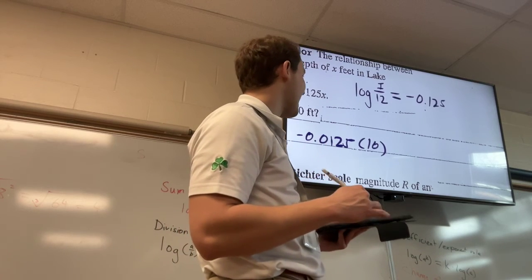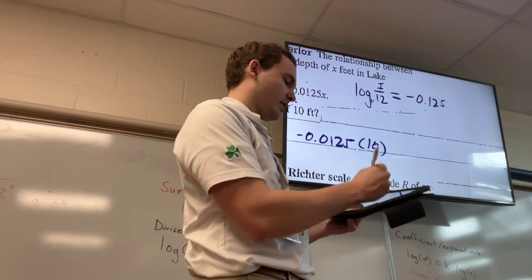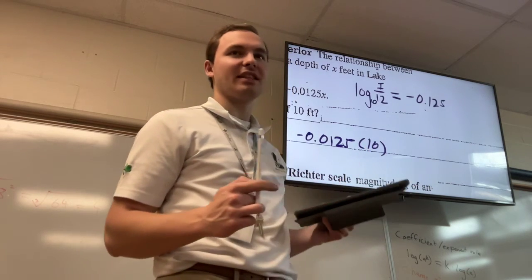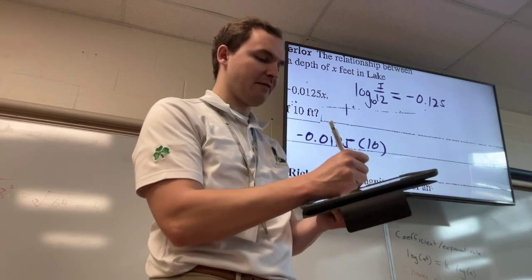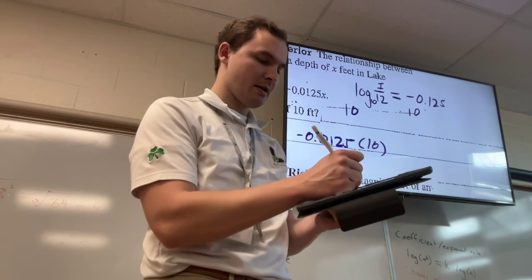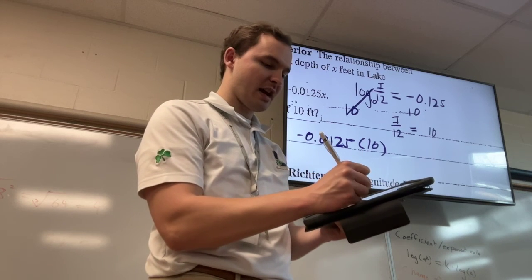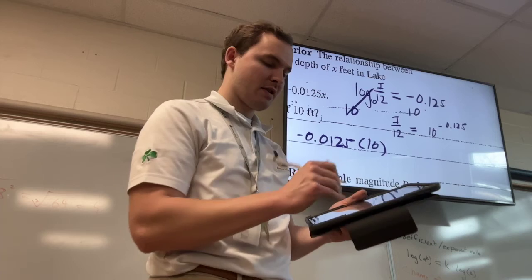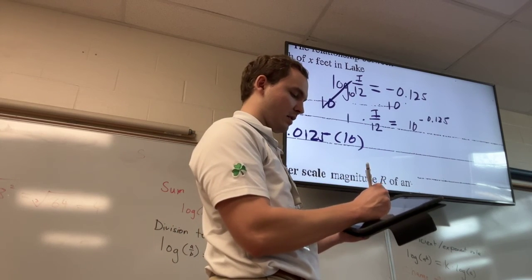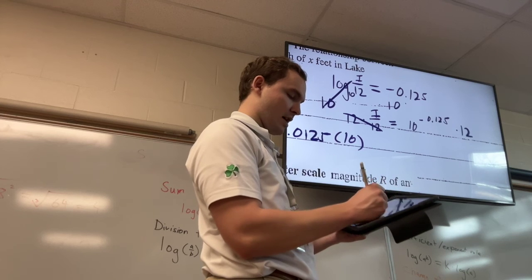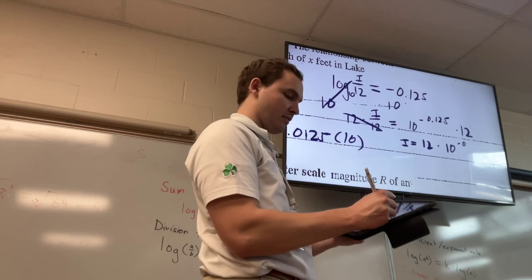How do I want to break the I out of the logarithm? It's a base 10 logarithm, so 10 to the left equals 10 to the right. So I over 12 equals 10 to the negative 0.125. What do I need to do now? Just multiply by 12. So I equals 12 times 10 to the negative 0.125.